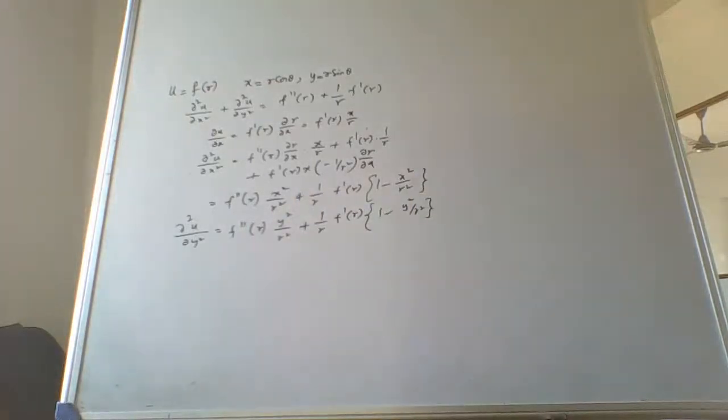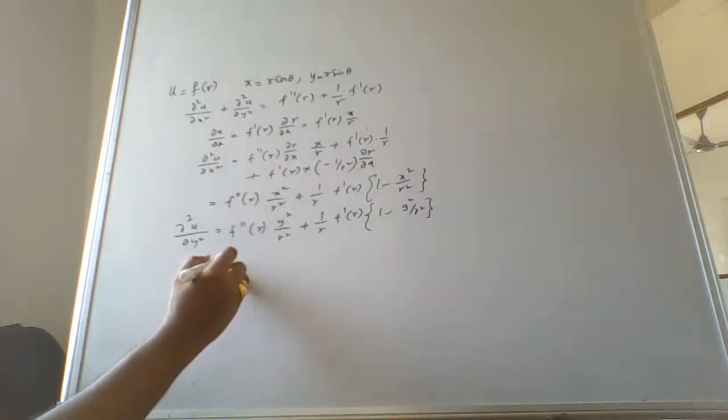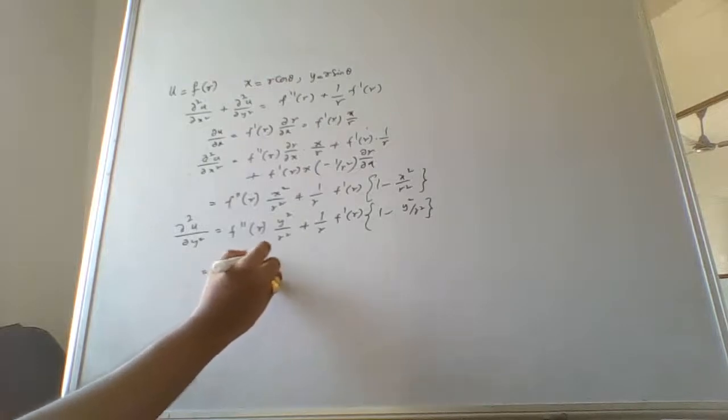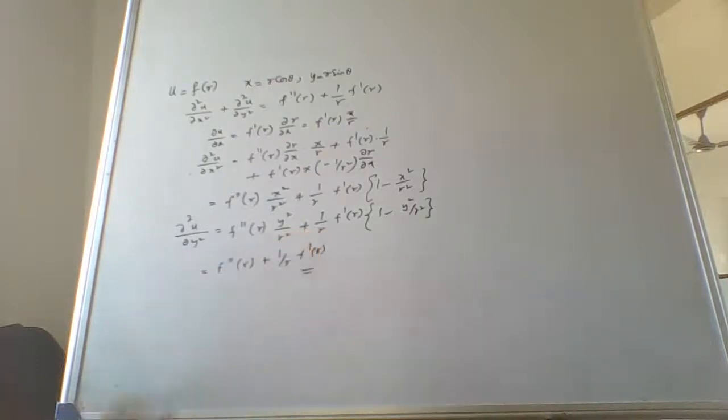Now when you add these two results, I get the final result, which is f double dash of r plus 1 by r f dash. So that is the required result: dou square u by dou x square plus dou square u by dou y square is equal to f double dash of r plus 1 by r f dash of r.